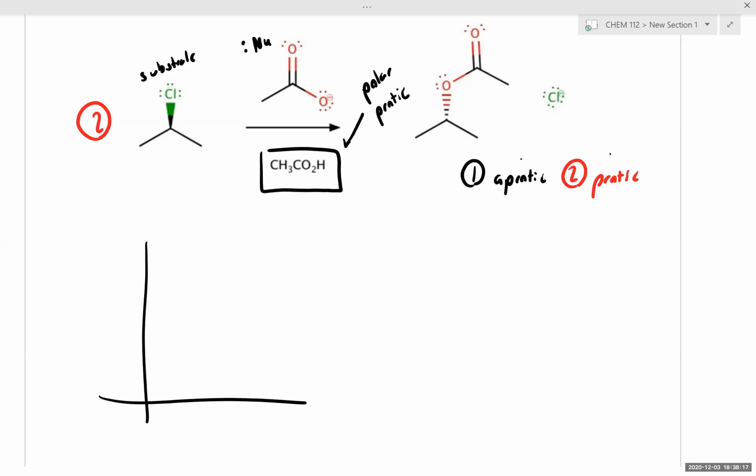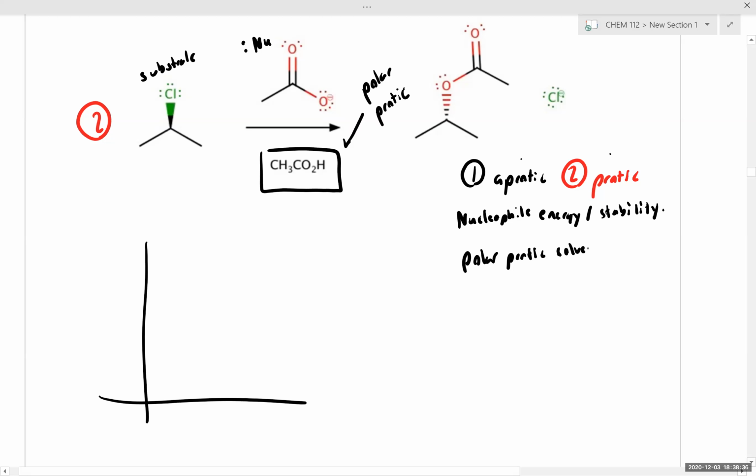The nucleophile, exactly right. So when we compare aprotic to protic solvents, we are looking at the nucleophile energy and stability. And just as a reminder, polar protic solvents stabilize the nucleophile.